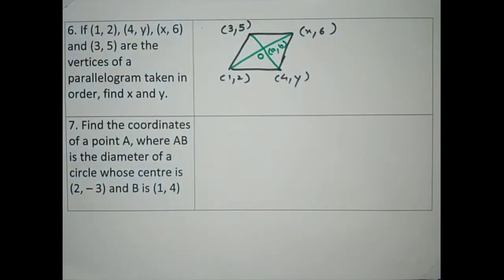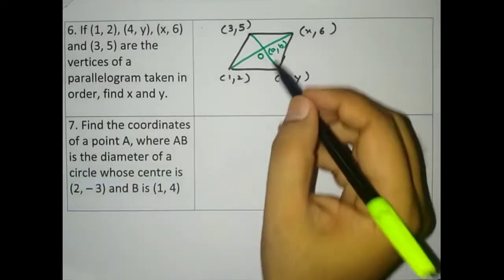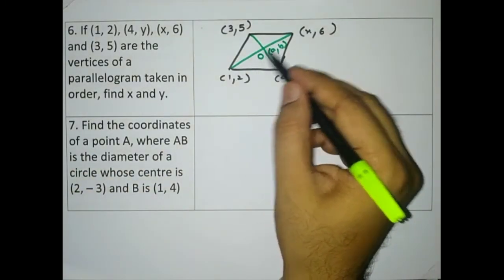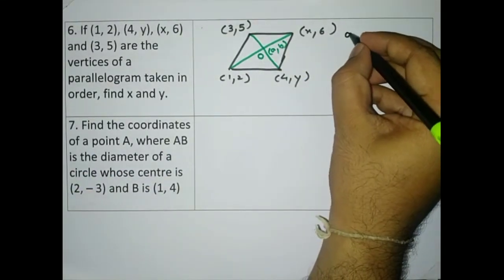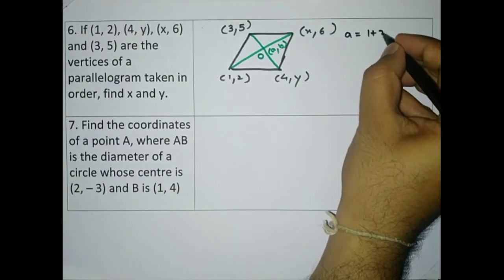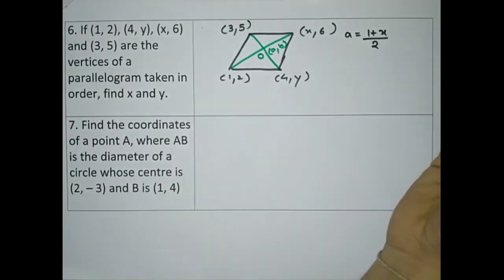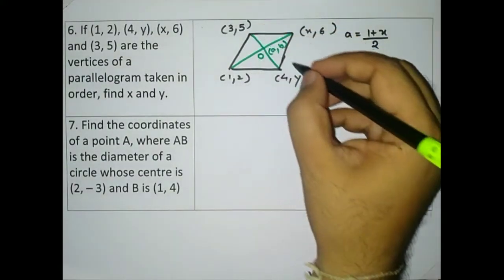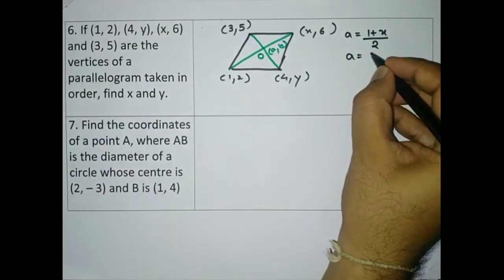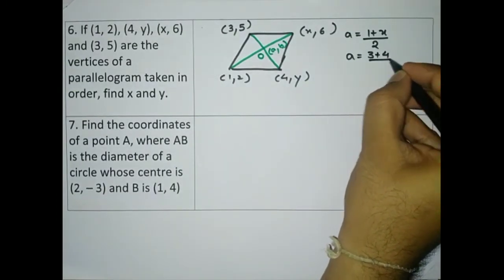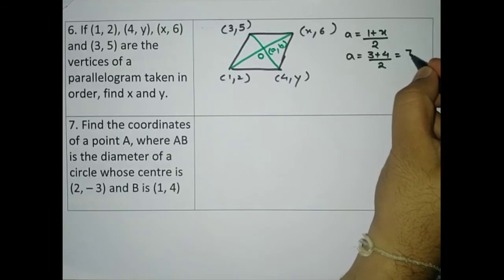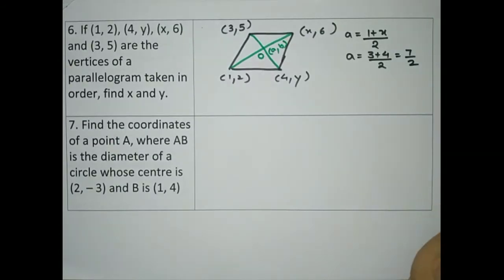So a comma b will be the midpoint of both the diagonals. It means if I apply the formula on these 2 points, then a will directly be 1 plus x over 2. And if I apply the formula on this diagonal, then a becomes 3 plus 4 over 2, that is 7 over 2. Both are the values of a only.